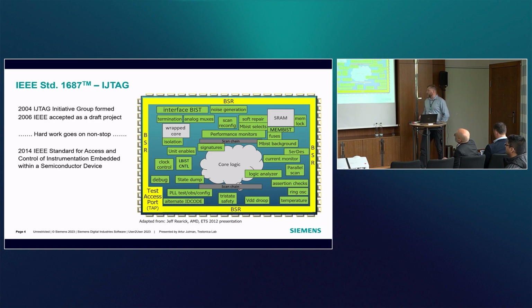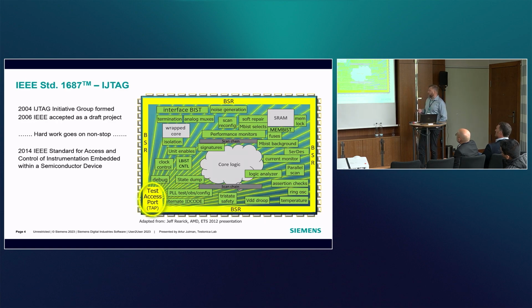The purpose of this standard was to unify access to all the test, measurement and configuration instrumentation that you may have on your chip, which is being used for different purposes. So the standard created a way to flexibly access all this zoo of different instruments on the chip.